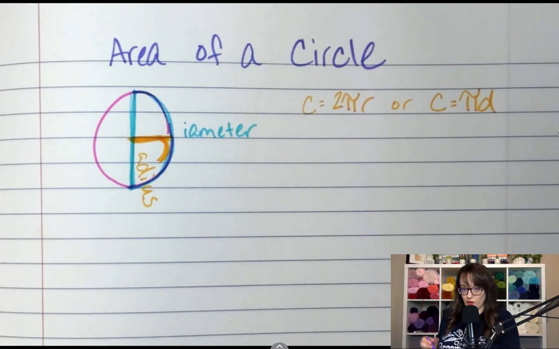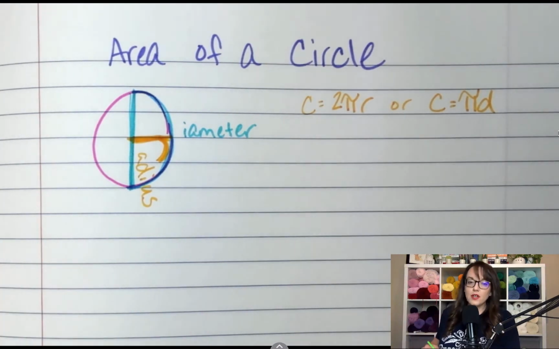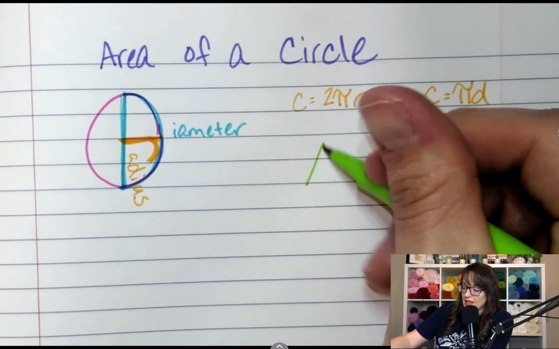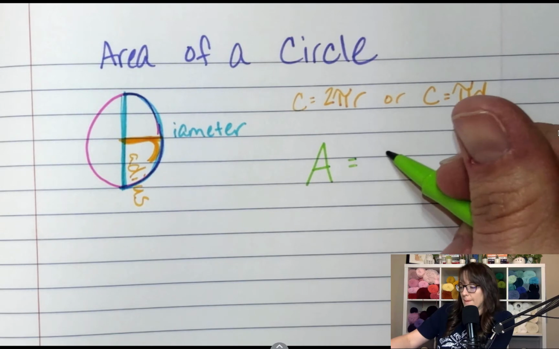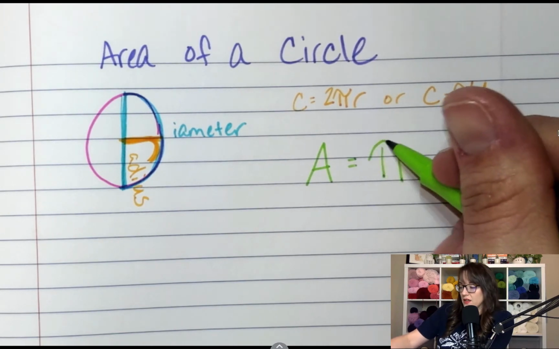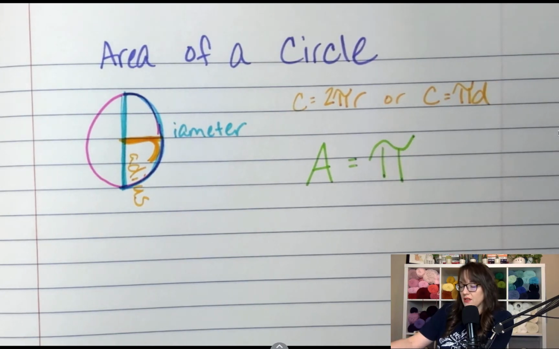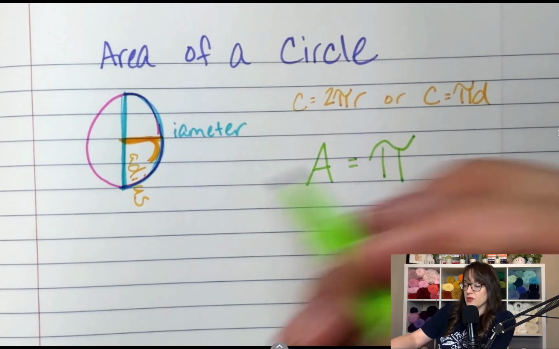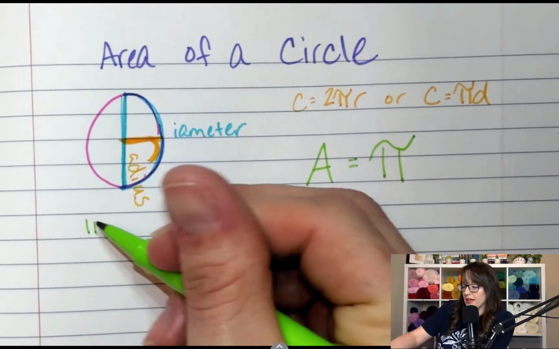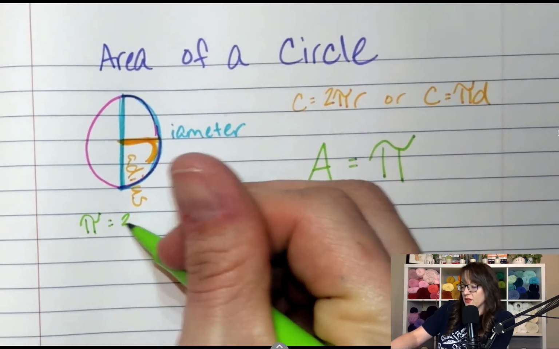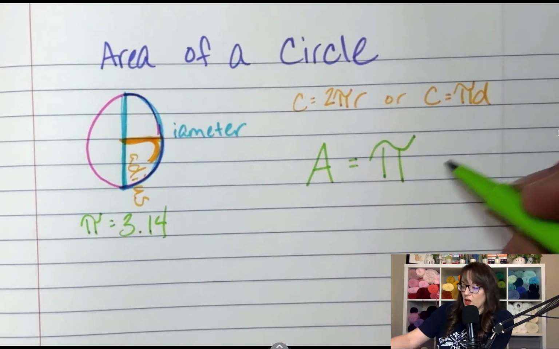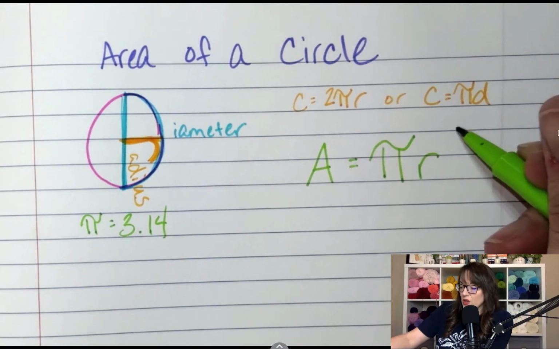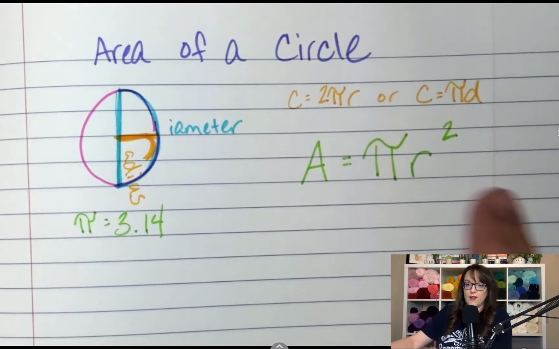The area formula, write this down. A equals, A stands for area, equals pi. How much is pi again? Pi is 3.14. If you need to write that down, pi is 3.14. And then radius squared.